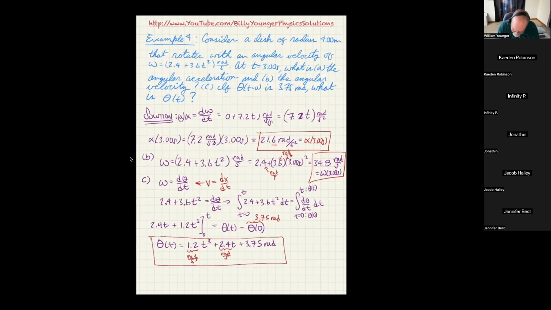Okay. Now for part D, which I didn't write, but now I am, what is a total? Okay. So that's something we can do. And I mentioned this in class before, so let me remind you guys that we could have, for instance, an arc that something is traveling along.